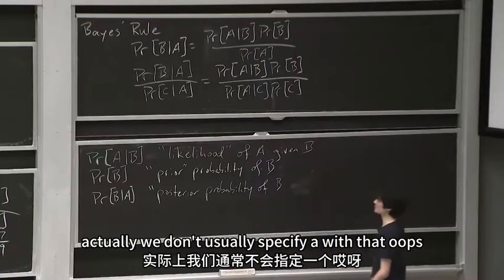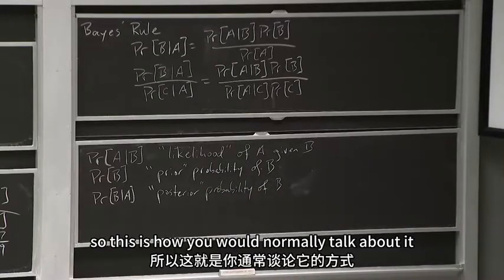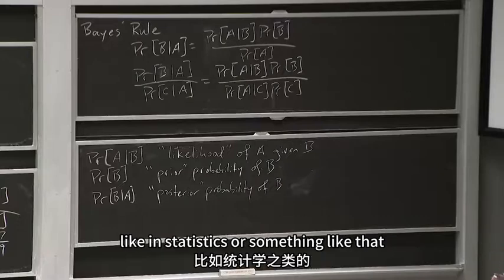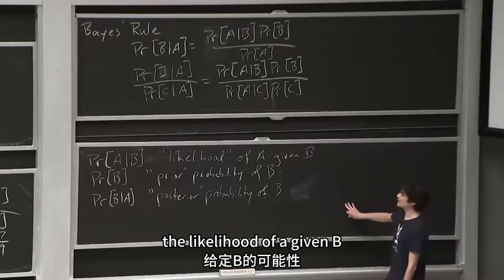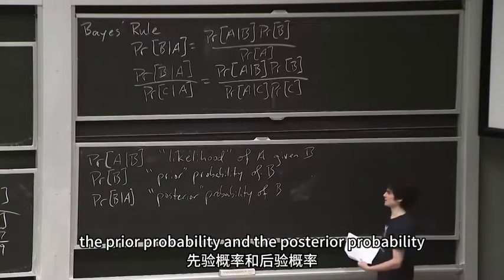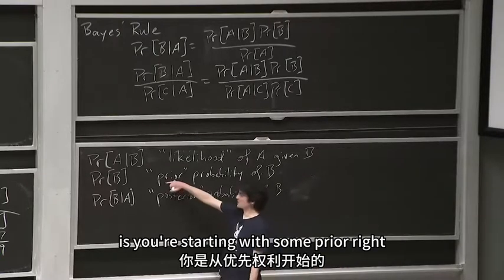Actually, we don't usually specify A with that. Okay. So this is how you would normally talk about it in statistics: the likelihood of A given B, the prior probability, and the posterior probability. Basically what you're doing is starting with some prior.